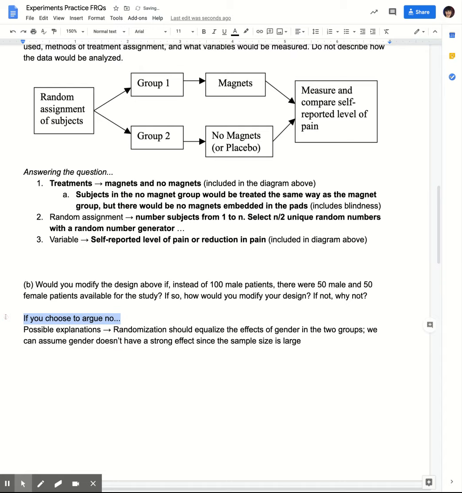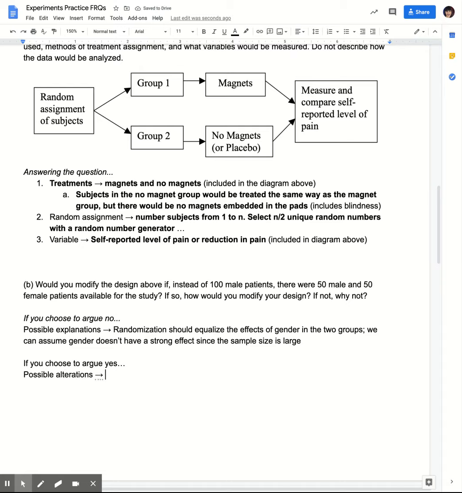I think that what they want you to do here is answer yes. So if you choose to argue yes, okay, again, you have to explain why. So how would you modify the design?